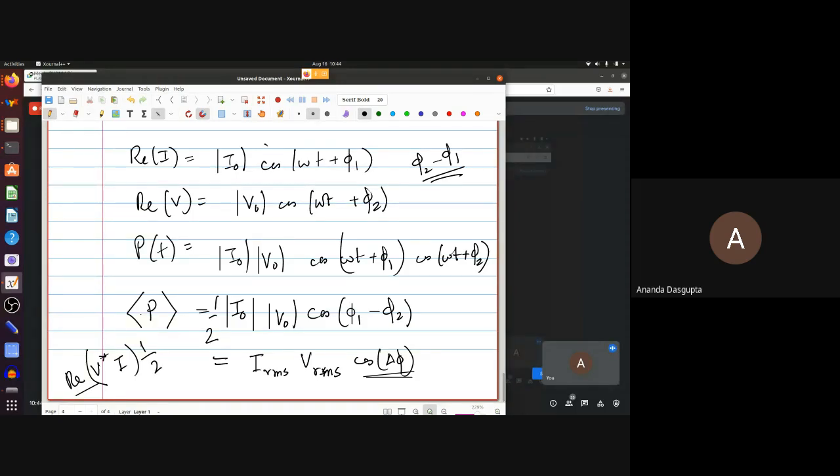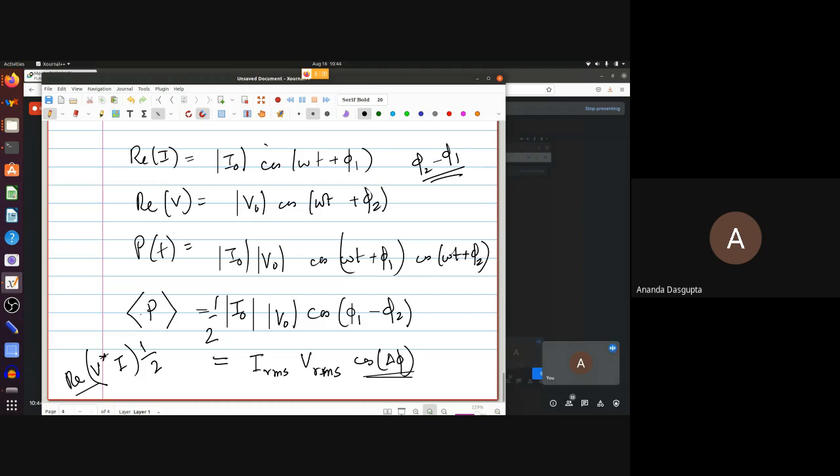So the point is, you cannot really use a complex current and complex voltage to calculate the power. However, you can actually calculate the power by taking the real parts first, multiplying and then integrating. And the final answer happens to be something which you can write in terms of the complex currents and voltages.